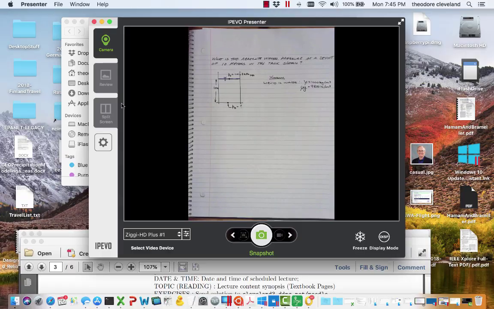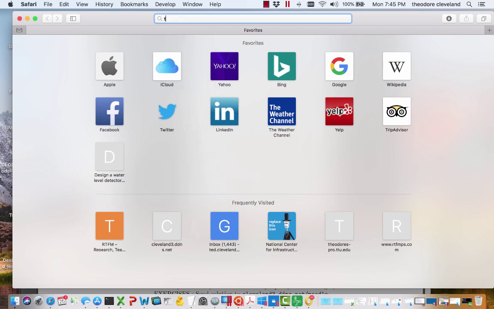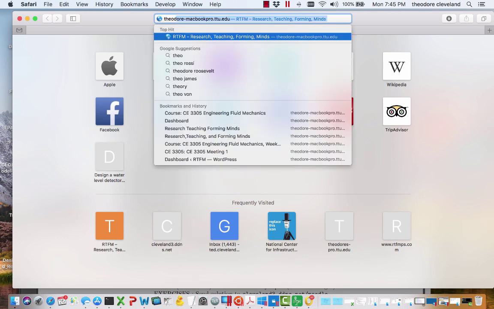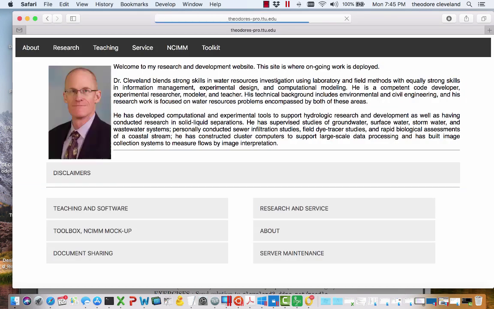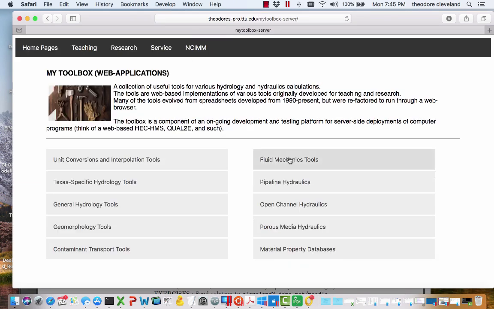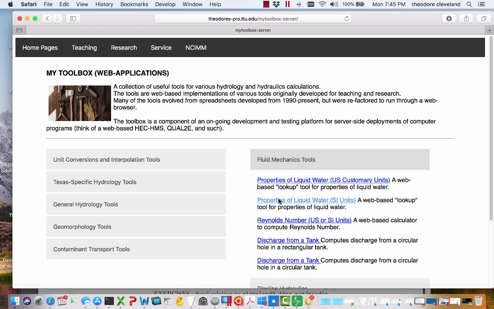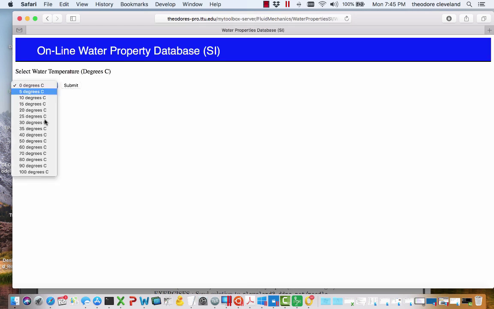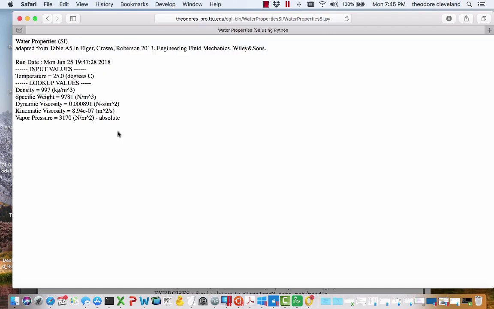And if we didn't trust ourselves on that, we could go out to one of our web tools, go to the toolkit, fluid mechanics tools, property of liquid water, probably 25 degrees C would be a good guess, and it says specific weight here is 9781.